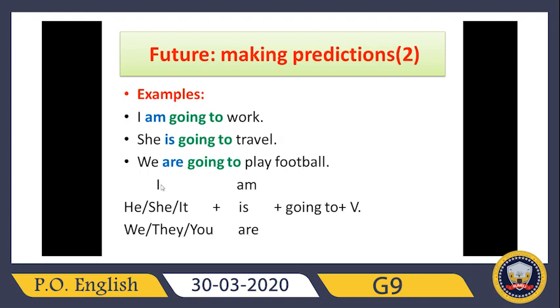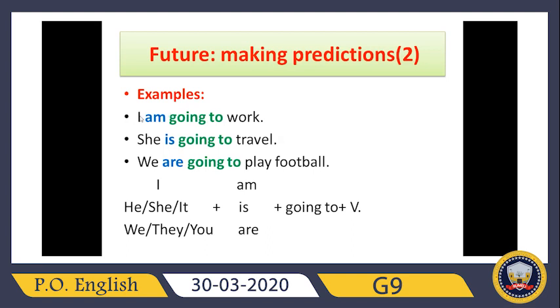So the rule is I with am going to plus verb without is, without ed, without ing. He, she, it with is, with going to, with a verb without is, without ed, without ing. And here we, they, you with are plus going to plus verb as it is, without is, without ing, without ed.